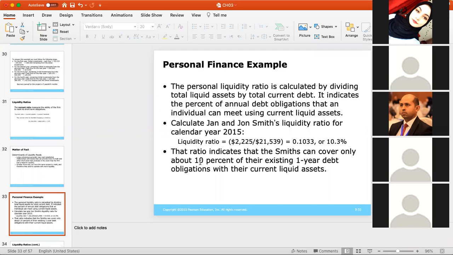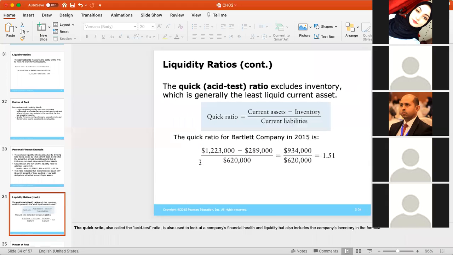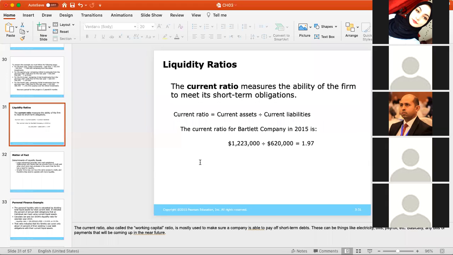Now the question is, for the current ratio, what is better for us, to have a high ratio like 3, 4, 5, 6, or a low ratio? After reconnecting, because it is going to disconnect in less than a minute, we are going to ask this question again and answer it.